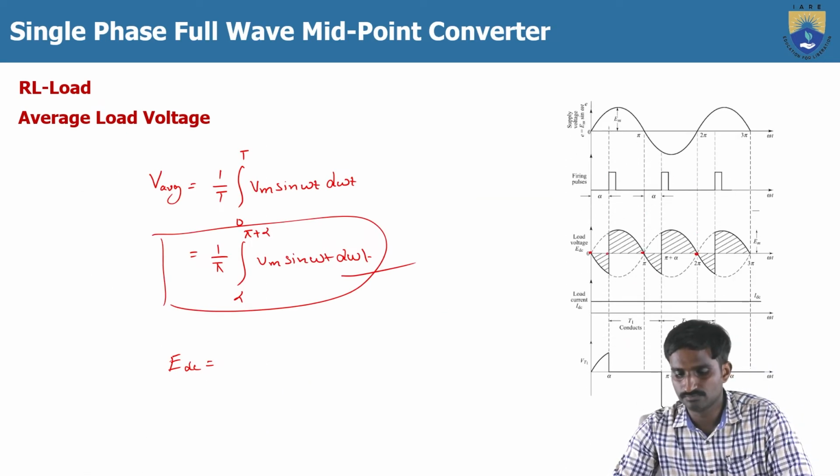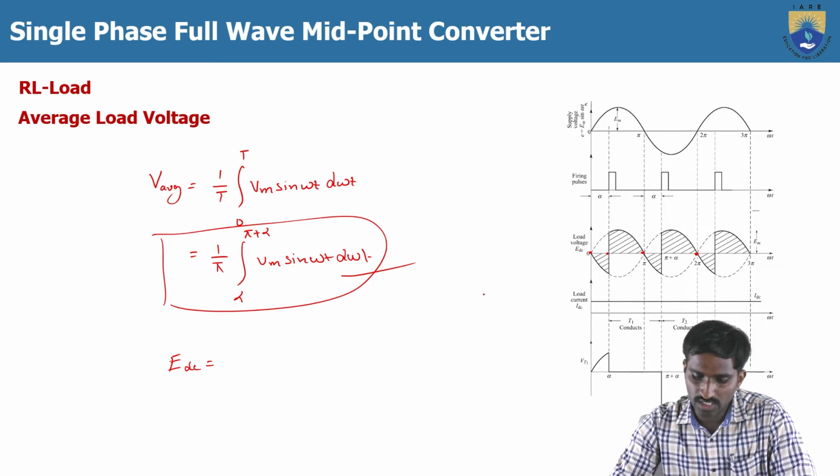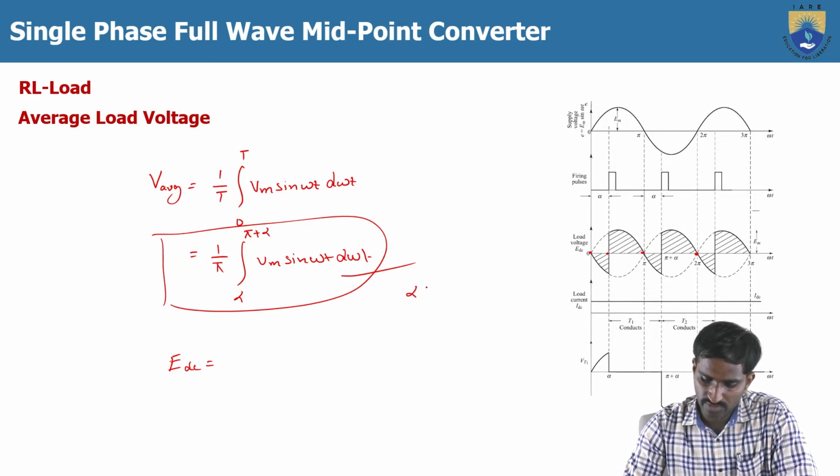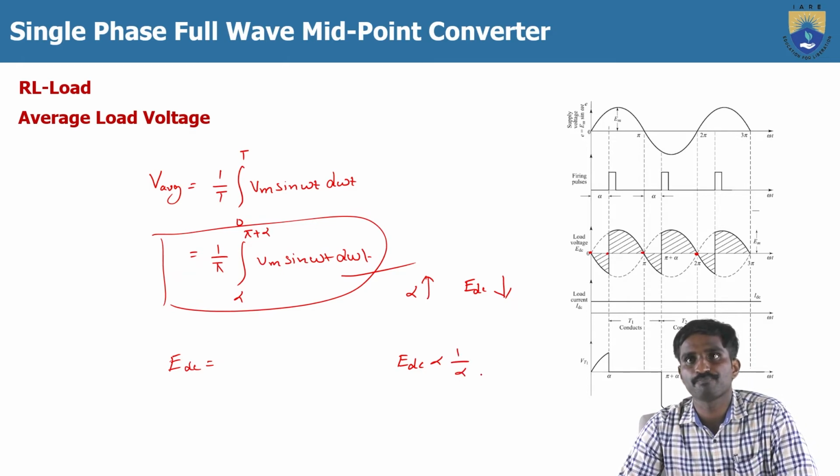Here you can see this is alpha equal to 30. When you are increasing the alpha value, the EDC value will decrease, which means EDC is inversely proportional to alpha. Why?